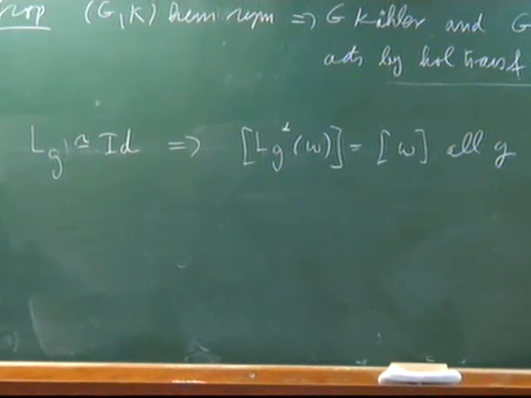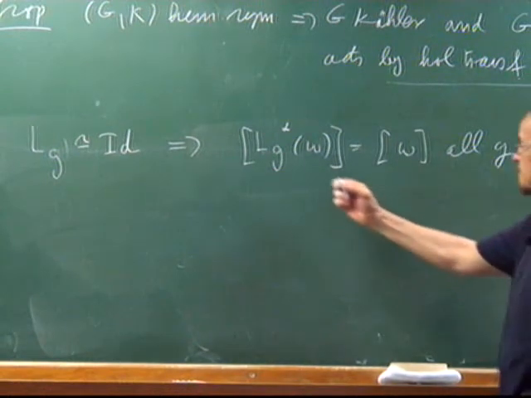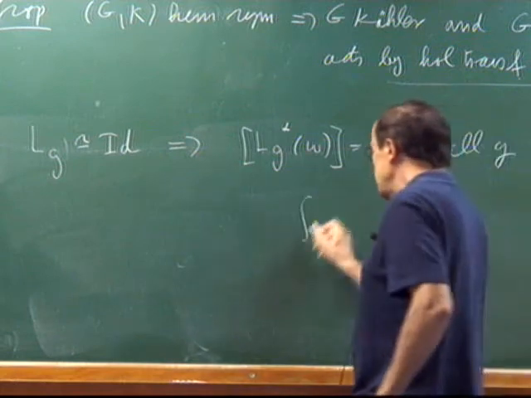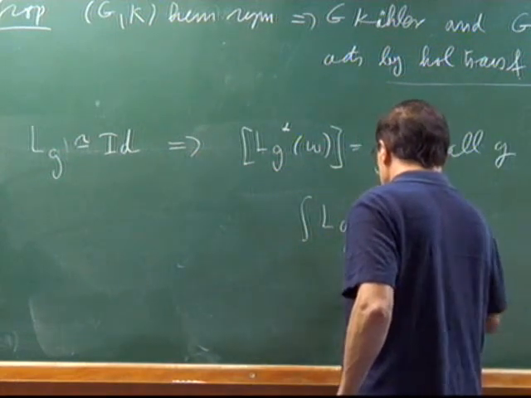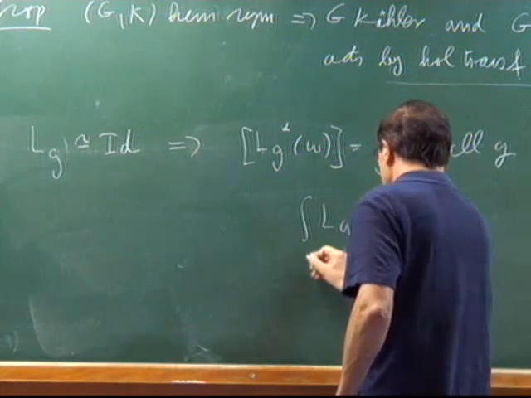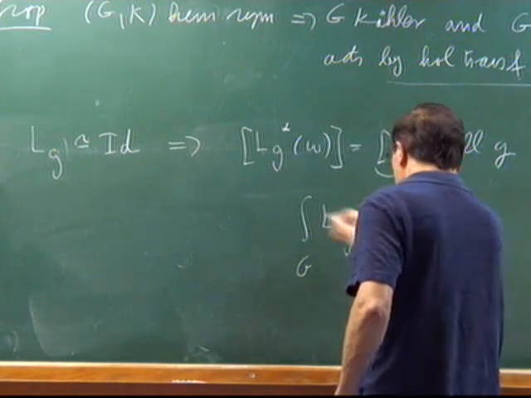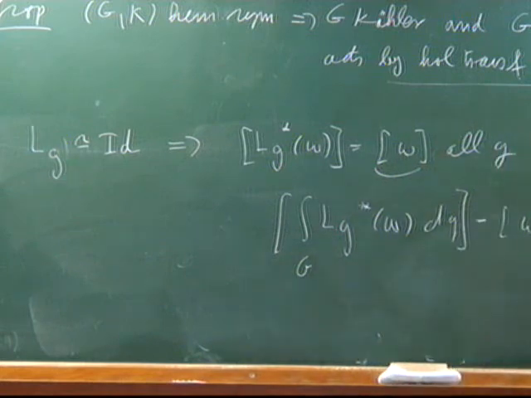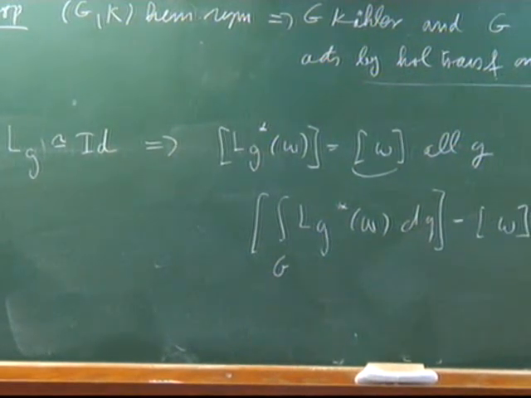And now I average, so I stay in this cohomology class for all g. I average, I integrate over G. This one also must have the same cohomology class, because I'm not changing it. Okay?